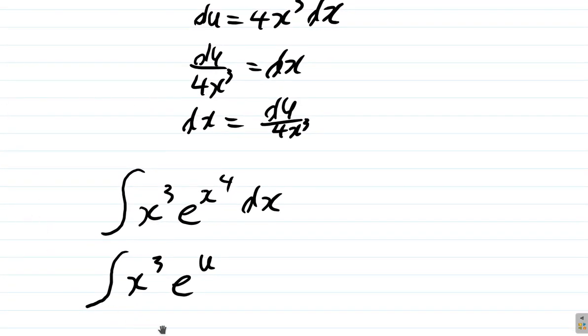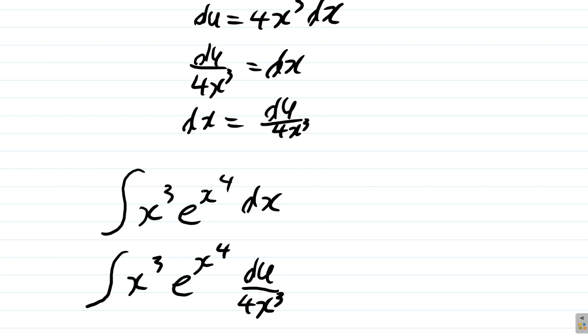We could wait a little bit before we change it anyway. Let's just put it back as it is, e to the x to the fourth dx. But dx is du over 4x cubed. So it seems as if we should now integrate with respect to u.